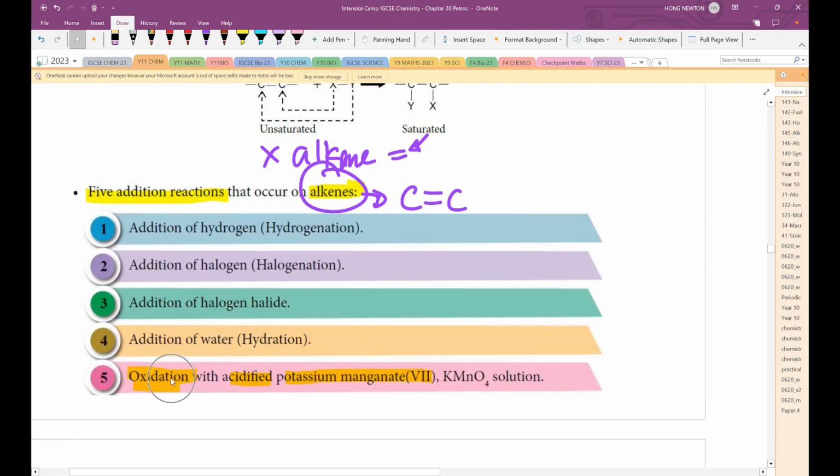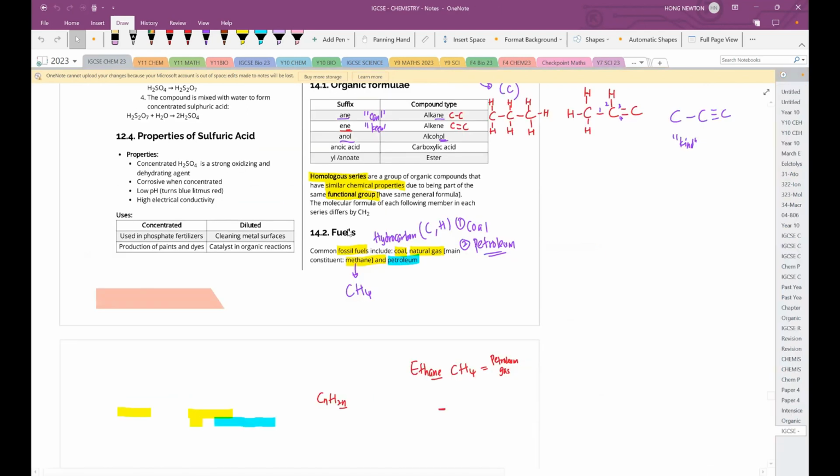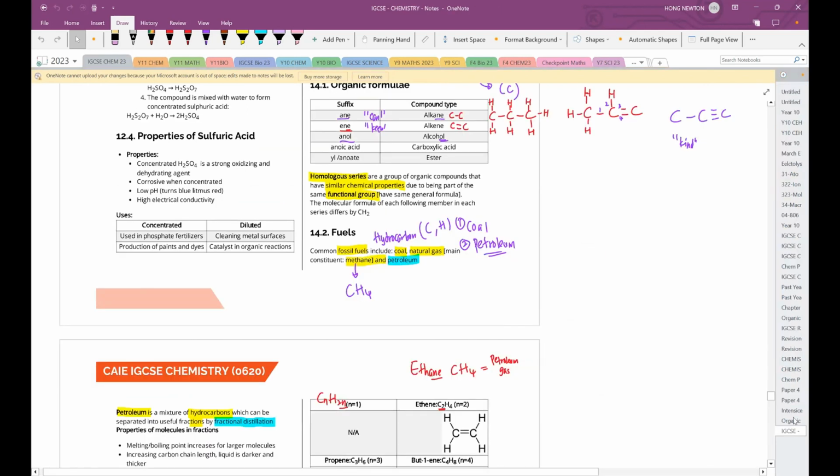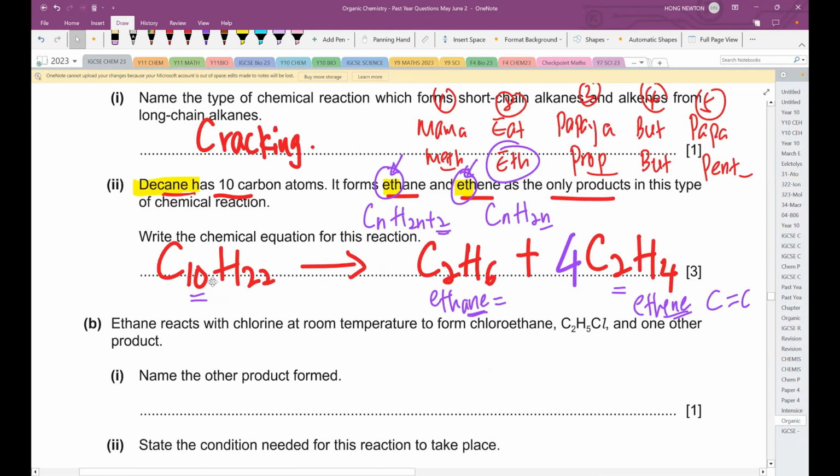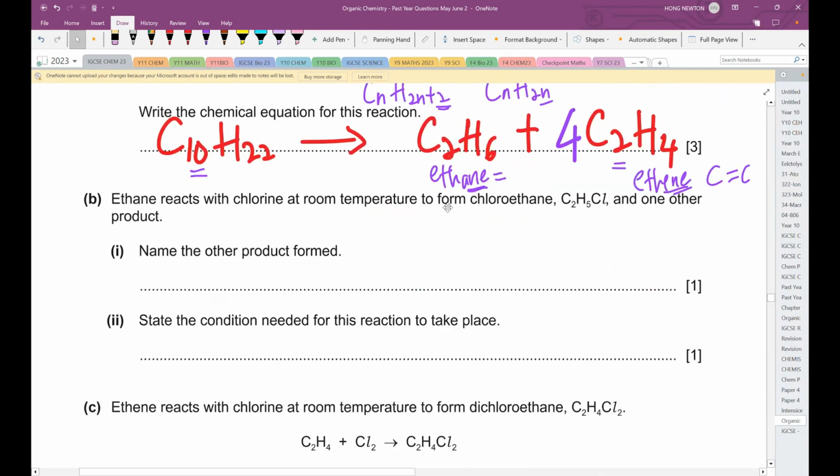Okay. All right. So now come back to our question. They're asking about chlorine at room temperature to form chloroethane. So what is the other product?